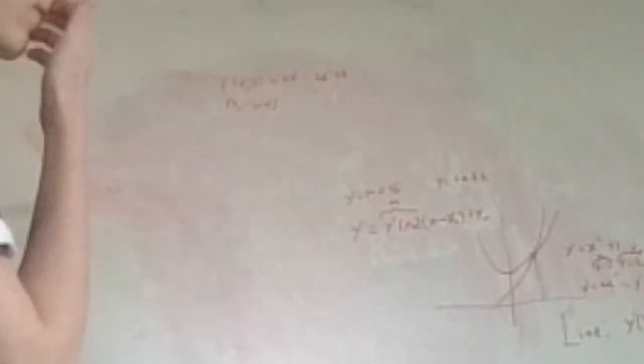Oh, so the y naught, it is tangent at 1, 2? What if y is equal to 2x? Hmm. What am I doing wrong?